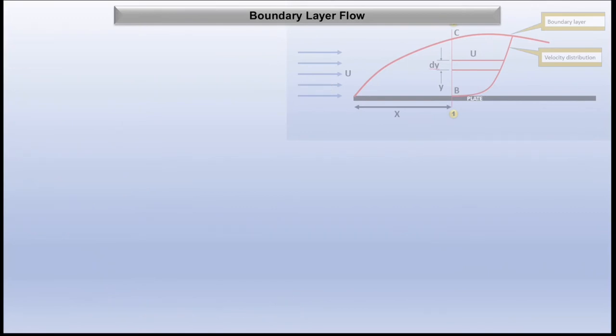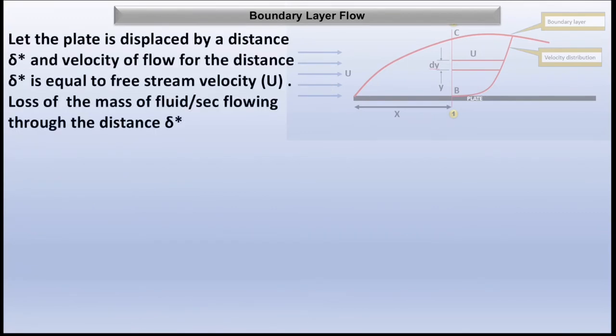Now let this solid plate be displaced by a distance, delta star, and the velocity of flow for the distance delta star is equal to the free stream velocity. The loss of the mass of the fluid per second flowing through the distance delta star will be equal to the density into free stream velocity into delta star into B, and these two terms are nothing but the area.